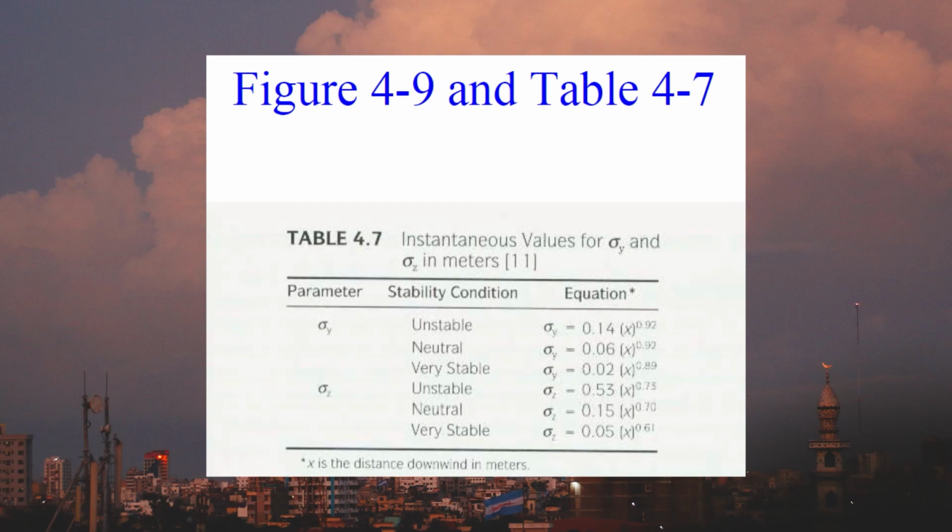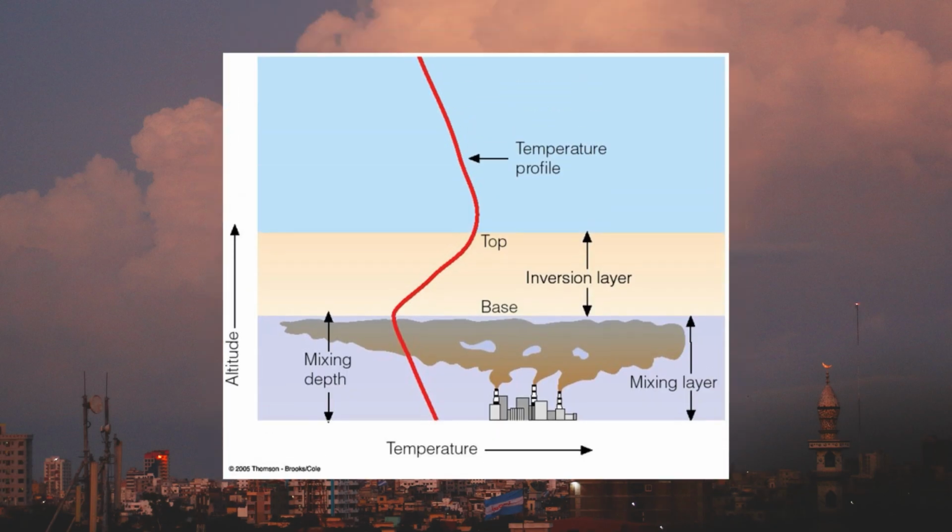Here there are some examples. If it is a neutral atmosphere, this is the stability coefficient. Here, this is a sort of atmosphere where there is an inversion layer. This is the lapse rate. As the altitude increases, the temperature decreases, but at some point there is a temperature inversion.